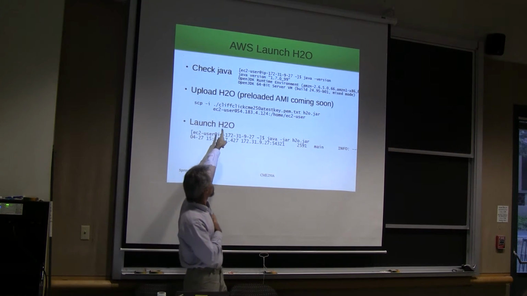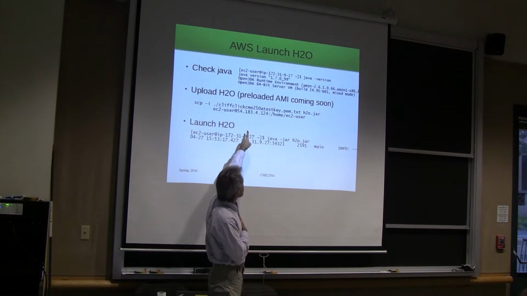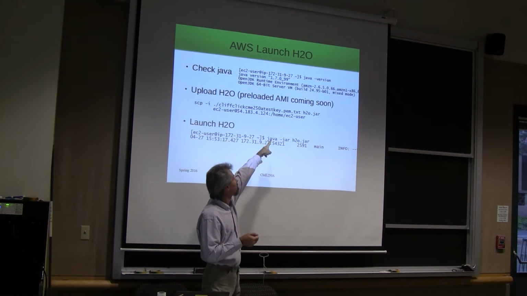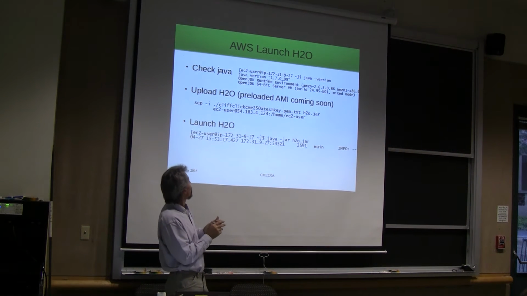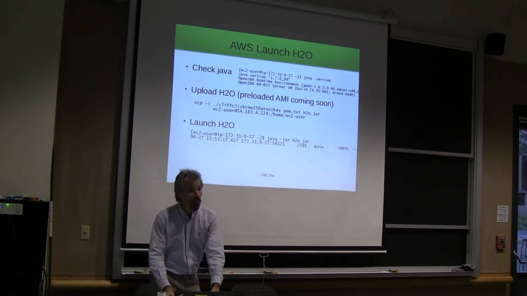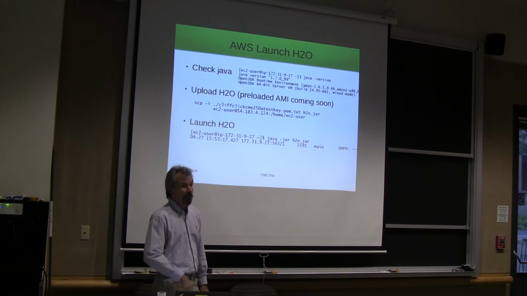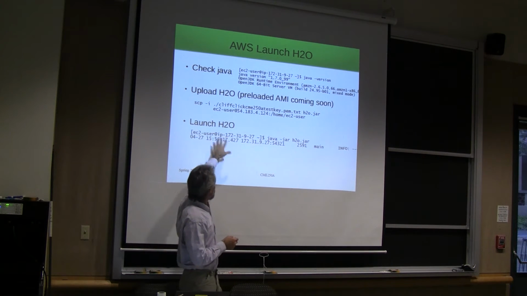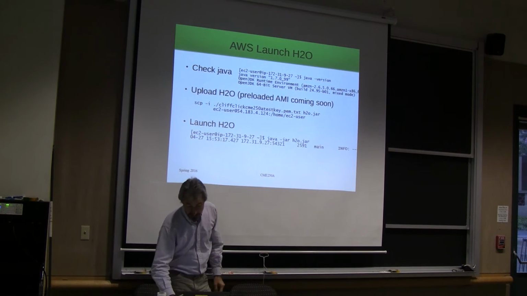And then I had to give my username, and then the global public IP address for that particular instance, which is different from when I just booted. And that's just my home address on that instance. And if I do that in about 5 minutes using the bad Wi-Fi at Stanford, I will get a jar file uploaded. And then I can do this, java -jar, and it begins to spew out all the normal stuff.